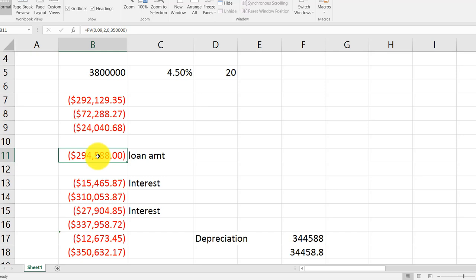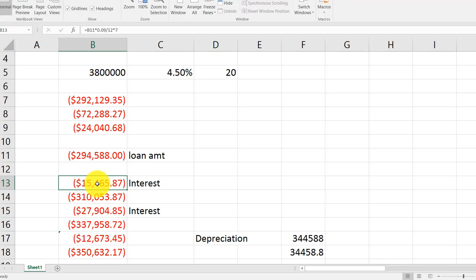So those journal entries between the two companies should be mirror images of each other. Now, what happens after 6 months? No payment gets made, because no payment gets made until the end of 2 years. But meanwhile, there's interest being accrued.